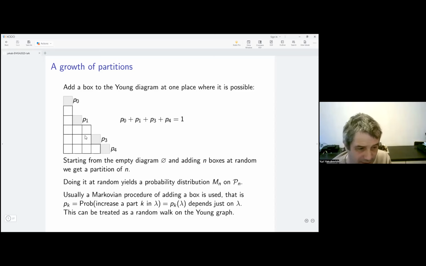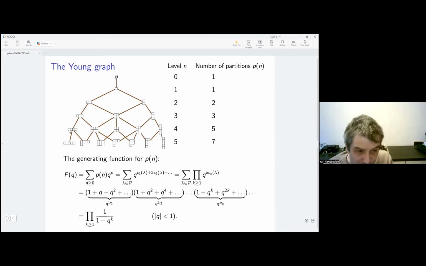And then we can just talk about a random walk on the Young graph. In each step we have assigned some probabilities to these edges which come from each particular vertex, and we go down with this probability. So it's a kind of random walk.